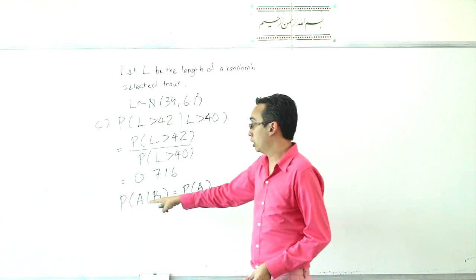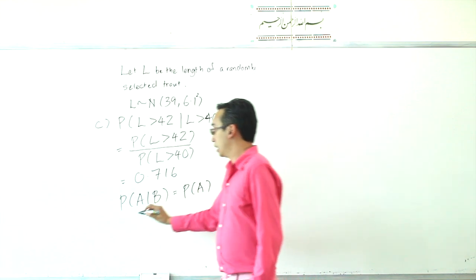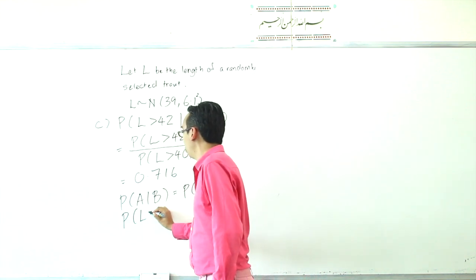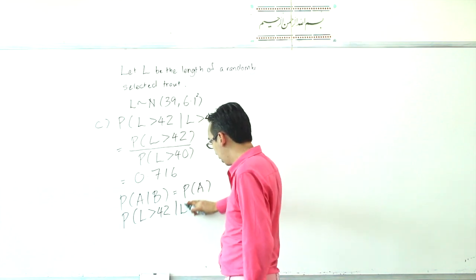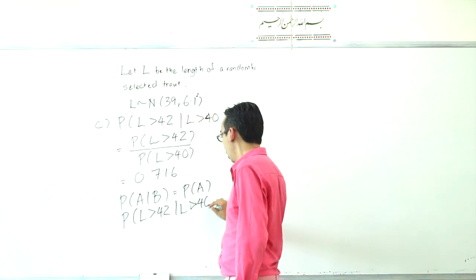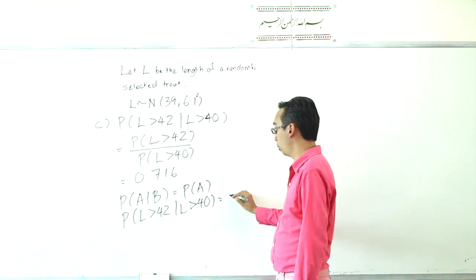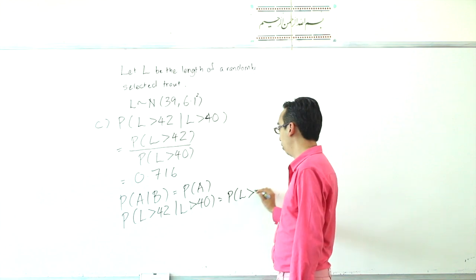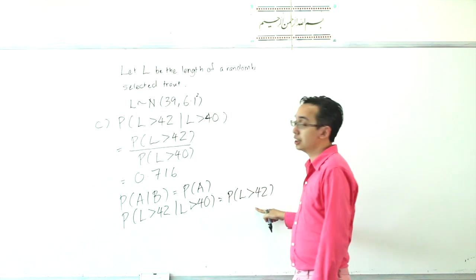So the probability of A given B must equal the probability of A. So the probability of L more than 42 given that L is more than 40 has got to equal the probability L more than 42.